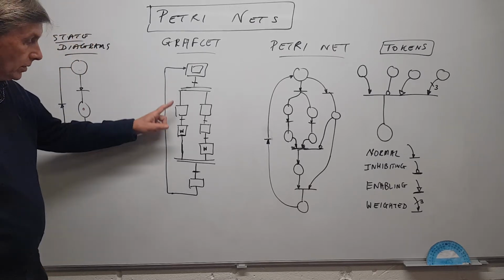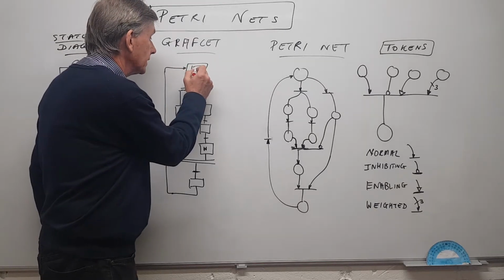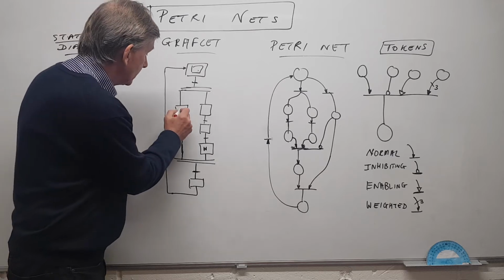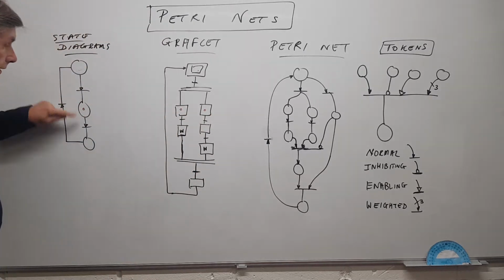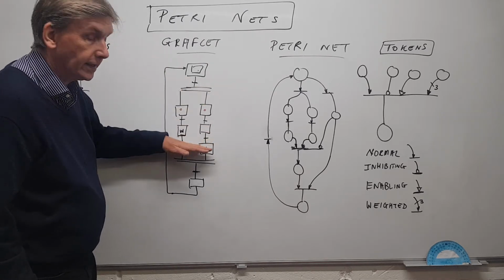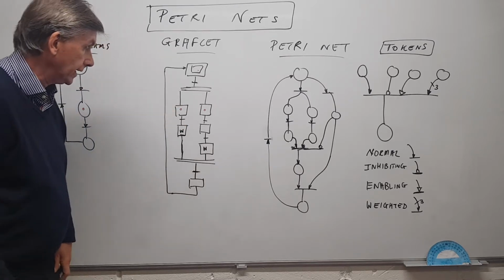As we go a little bit more complicated to graph set, here this could be the active state. This time though, when we fire this transition, two states become active. So in the previous case, we had one active state. In a graph set, using these double parallel lines, we can have parallel activities, and so you have the potential for more than one active state.